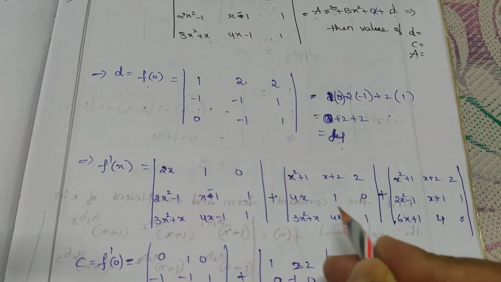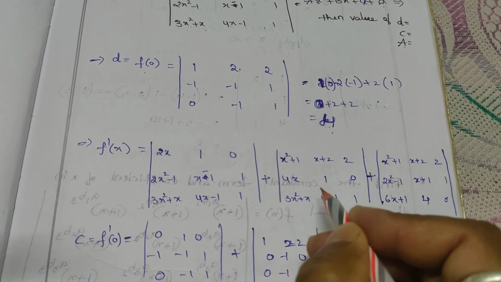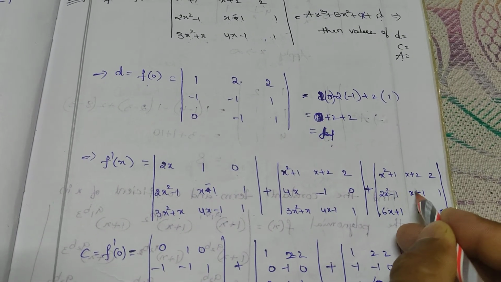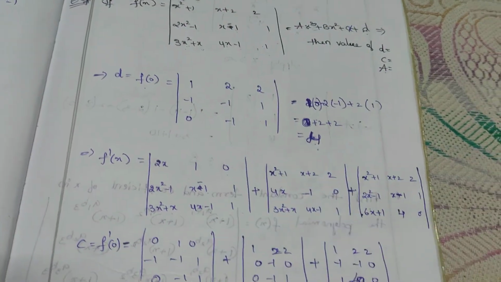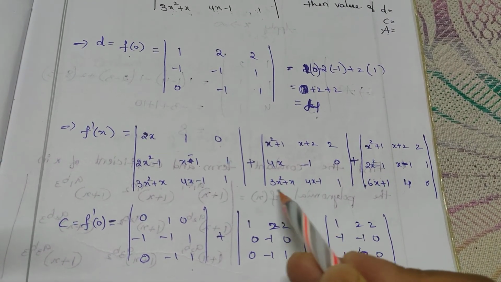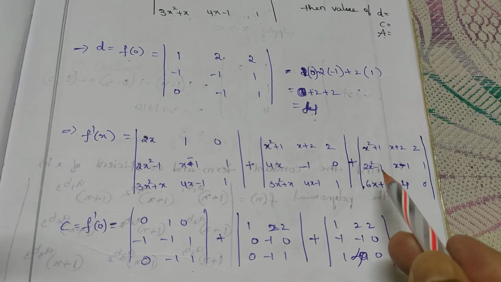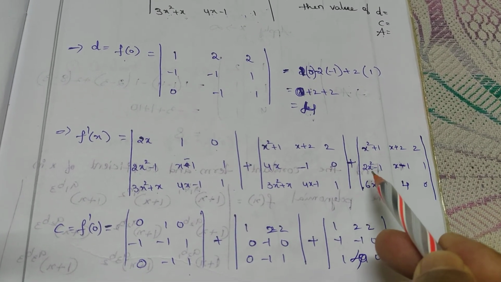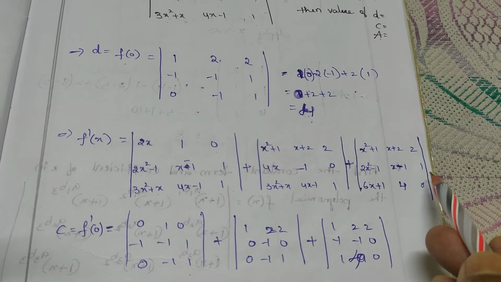See here, I think this is minus 1. It is x minus 1. Okay, let me correct it. So this is 0, minus 1, 0. This is total 0. This is minus 1, 1. Now substitute x equal to 0 in this determinant: 1, 2, 2. Next here minus 1, minus 1.